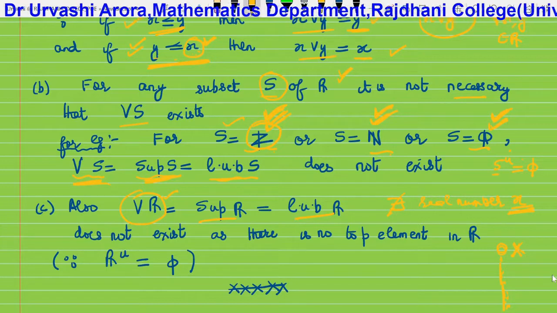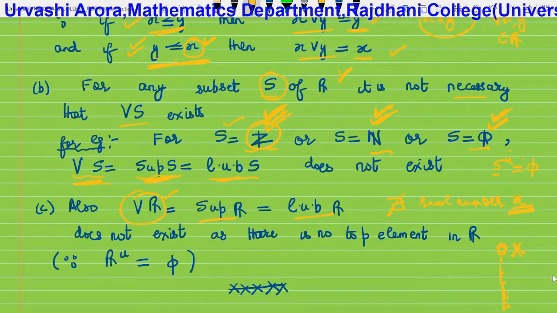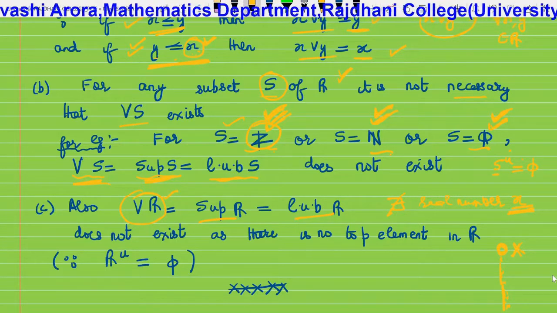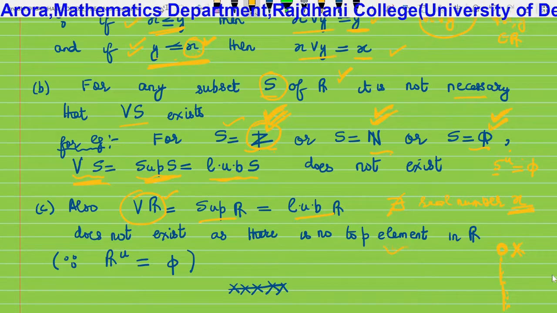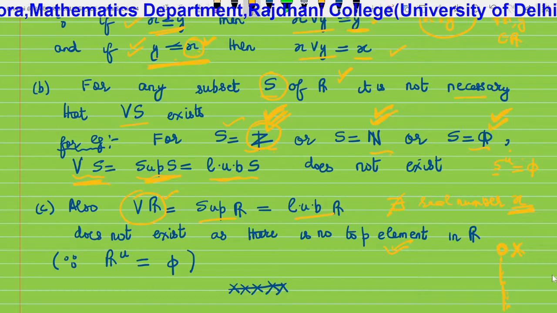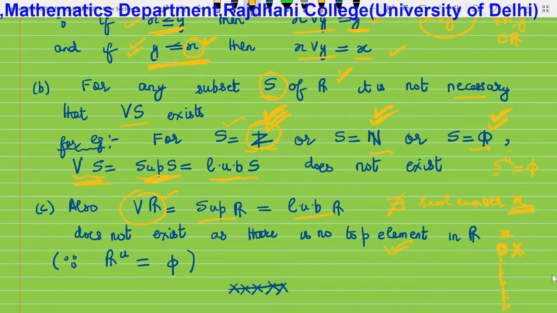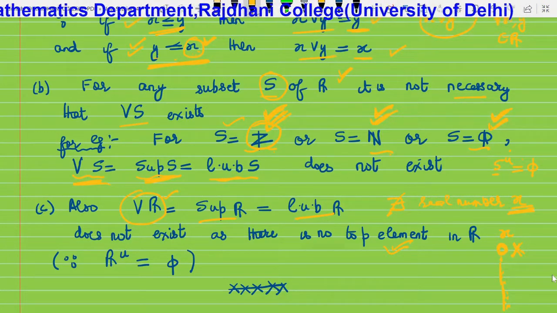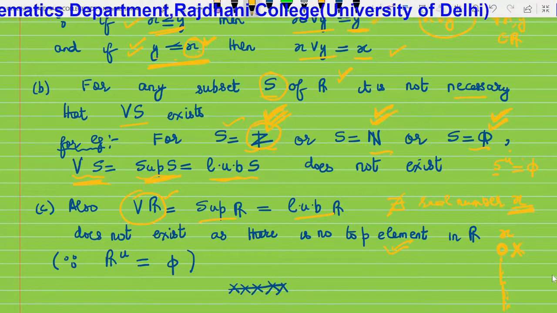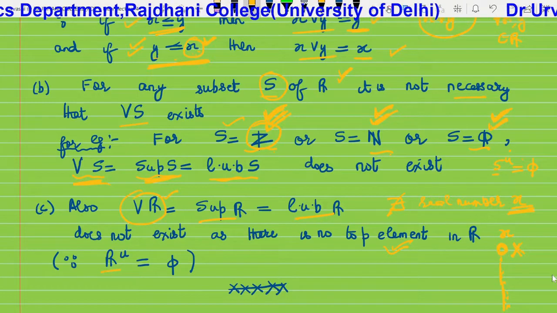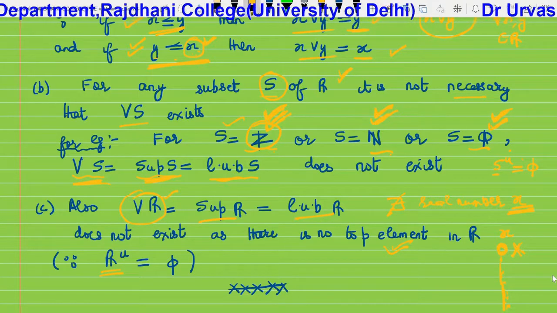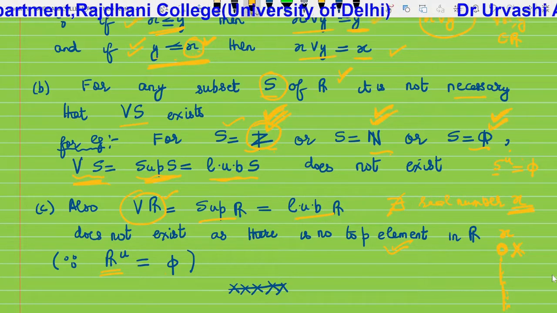Because a top element is always that element such that all the elements of the set are less than or equal to it. So there is no top element in R, or no real number x in R such that all the real numbers are less than or equal to x. So there is no upper bound of the set of real numbers, which means RU, the set of all upper bounds of R, is phi.